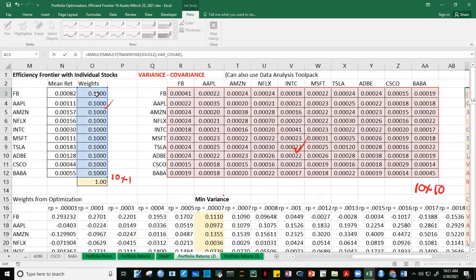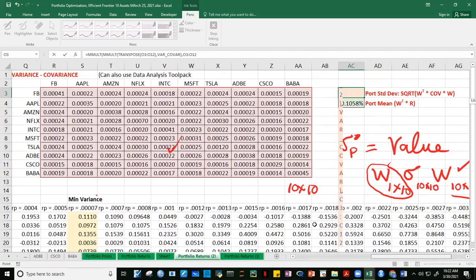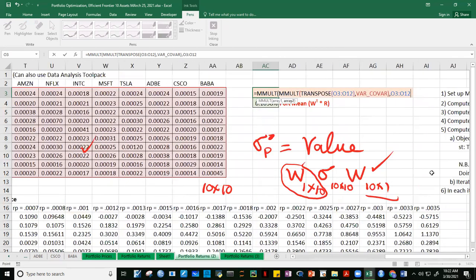Sana binigyan na lang pala natin ng pangalan to. That would be our formula. Sige, tingnan mo muna. So no need to fix anything there kasi hindi naman natin i-copy.